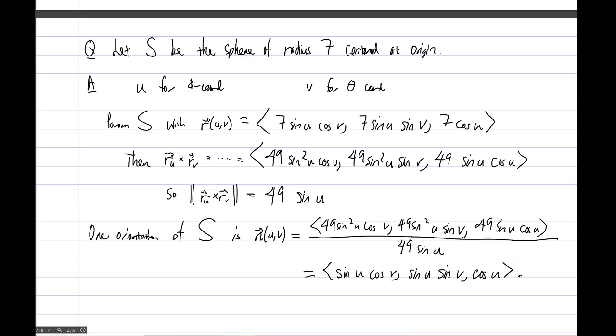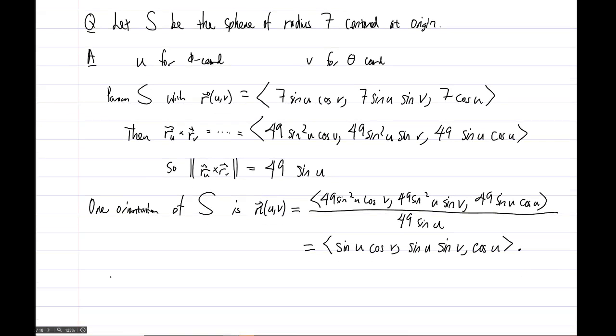Okay, so this answers the question. Another orientation, the other orientation of S, is just with a negative sign in front of this: negative the vector sine u cosine v, comma sine u sine v, comma cosine u.